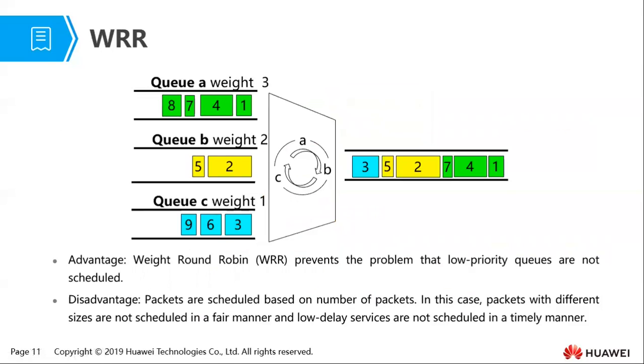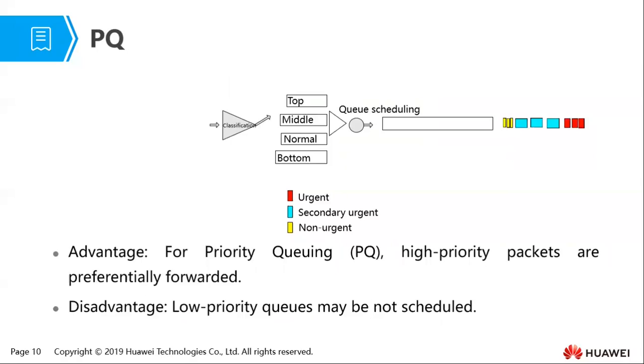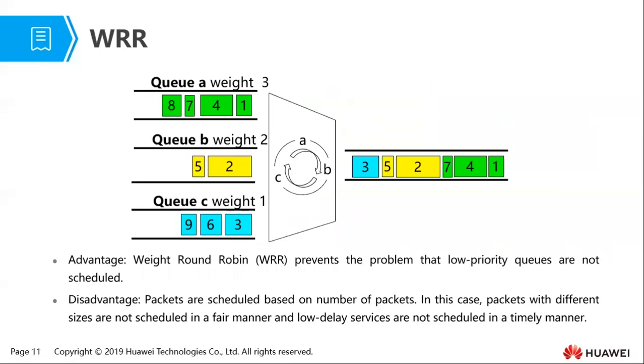Now, an improvement of PQ, so that we cannot starve the bottom level queue, is what we call the weighted round robin. Just an improvement, by the way.